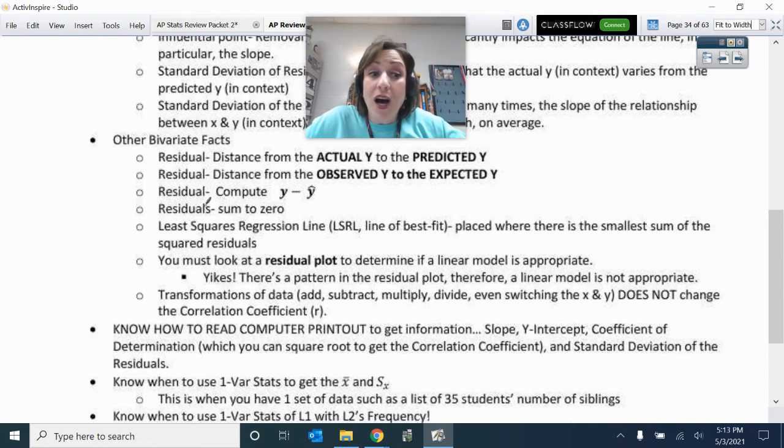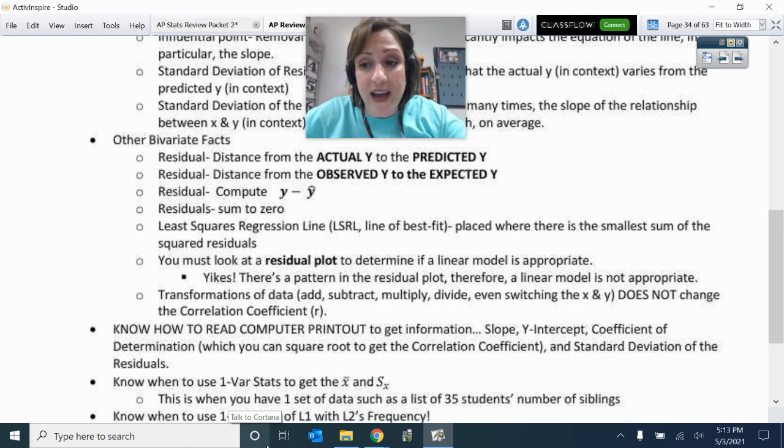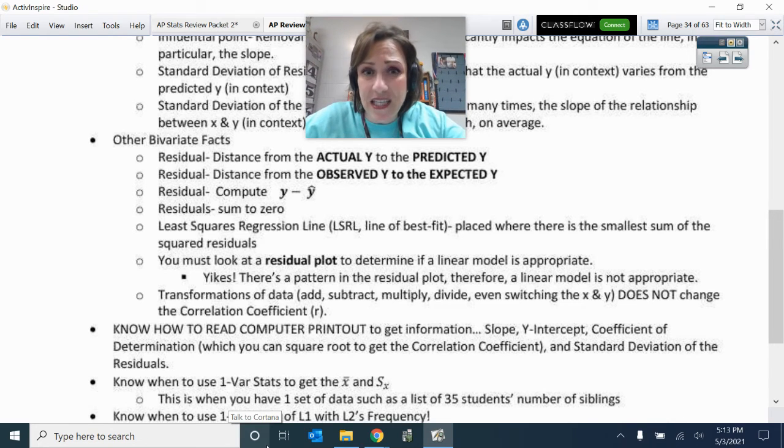Remember that all the residuals do sum to 0 because that line is the average of them. So you got the positive residuals and the negative residuals, so those will sum to 0. The least squares regression line happens where there is the smallest sum of those squared residuals. That's an important fact to know.